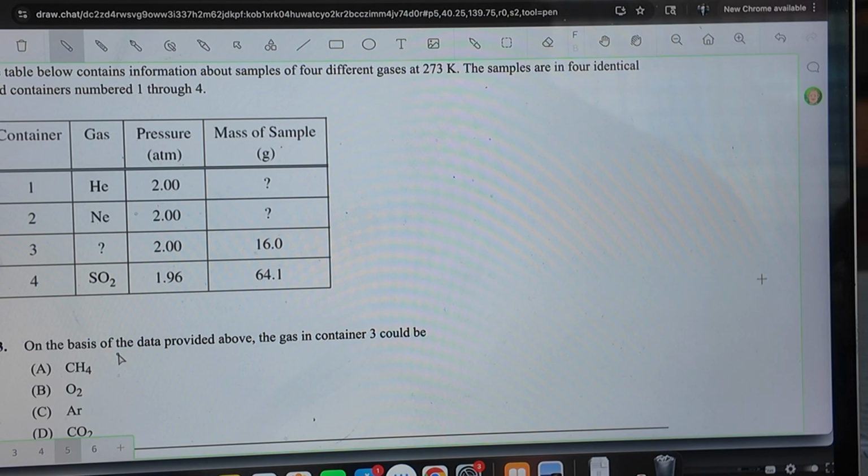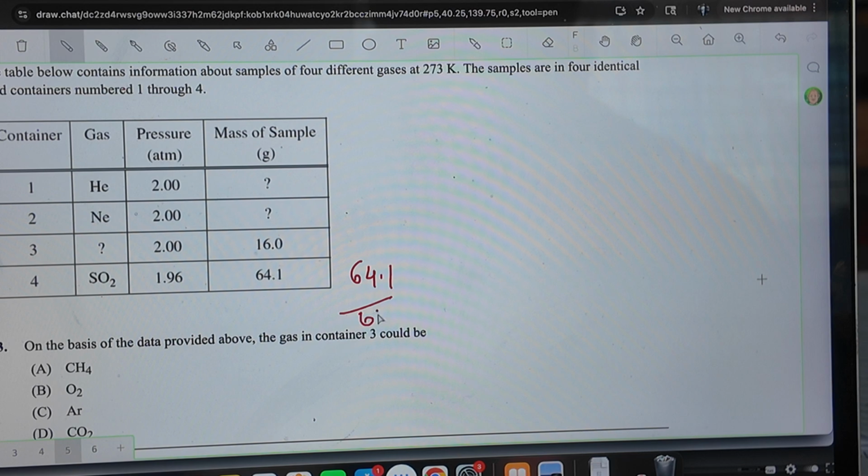The higher the pressure, the more moles. So the moles of SO2 would be 64.1 divided by 64.1, because that's the grams we have divided by the grams per mole.